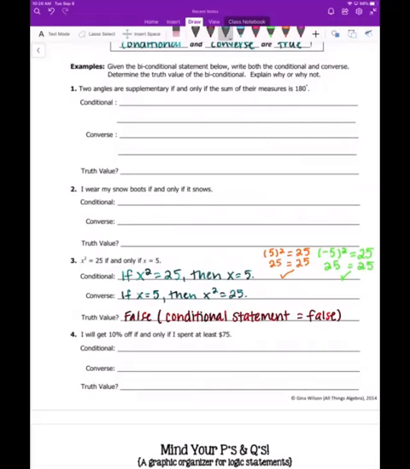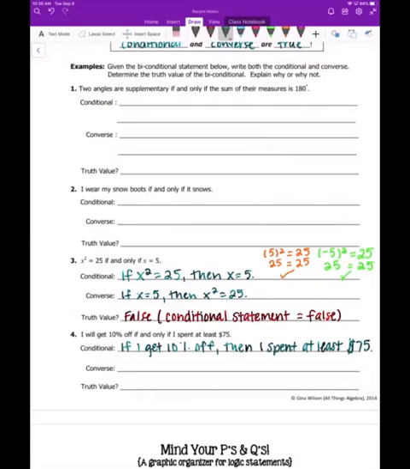So the conditional statement is going to be, if I get 10% off, then I spent at least $75.